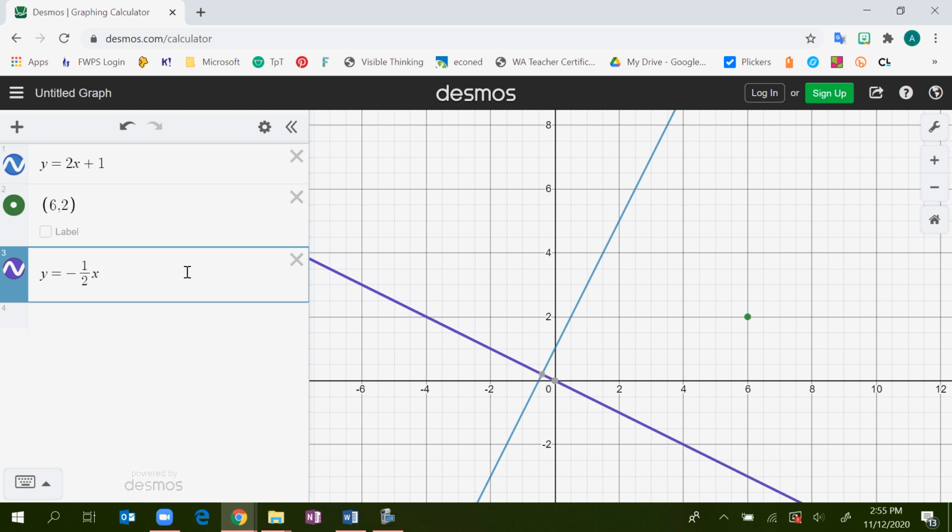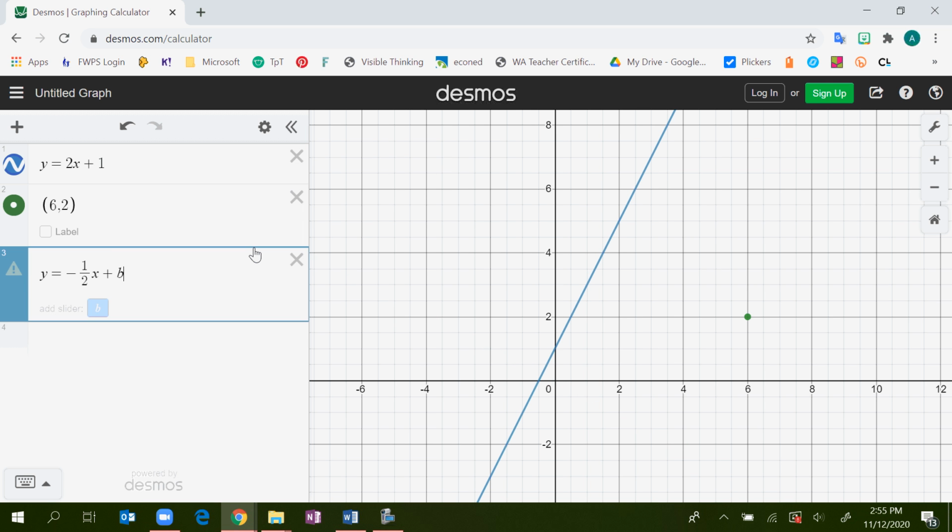Okay, so it is with that slope, but I'm going to need to find a new y-intercept so that it goes through this green point that was given. In order to do that, we're going to plug in values of my point into this equation to solve for this b that I don't know.